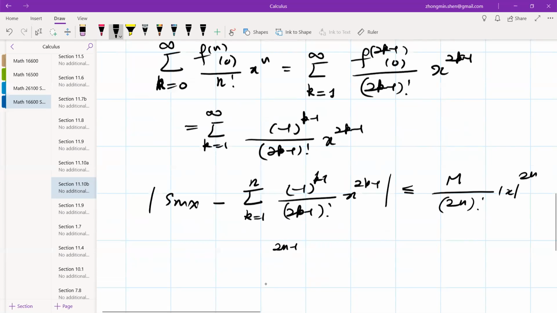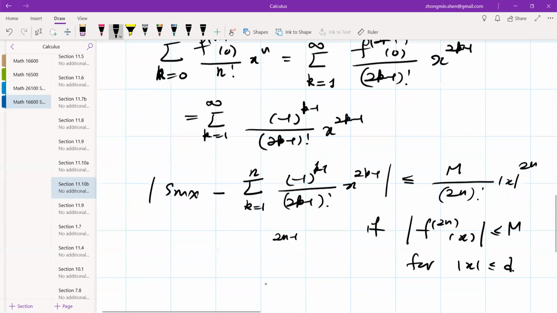So here, the derivative of order 2n is bounded by M for x less than or equal to d, okay, remember that.